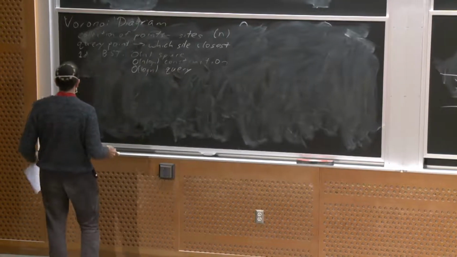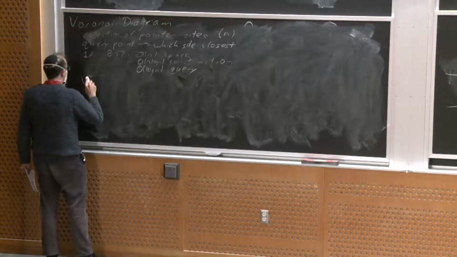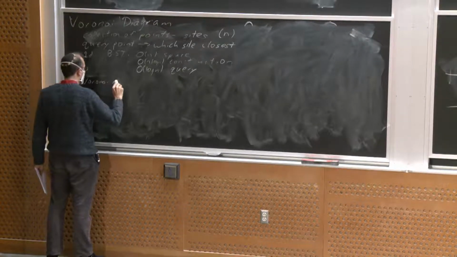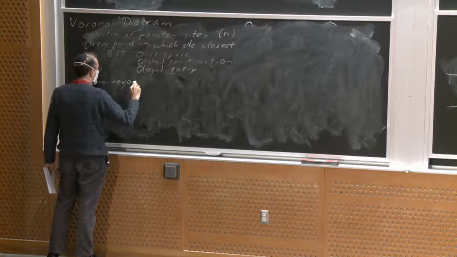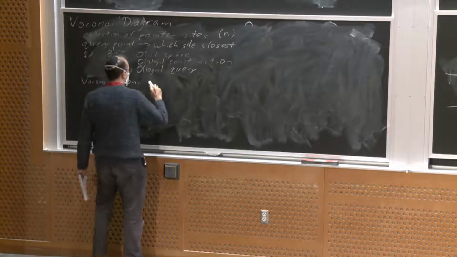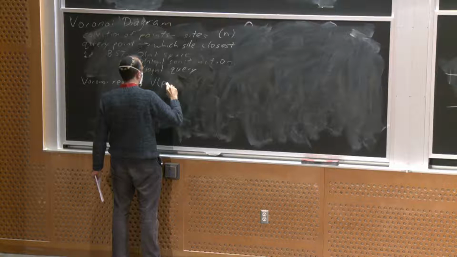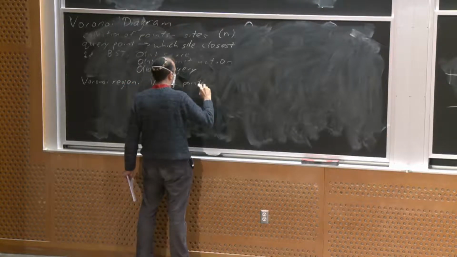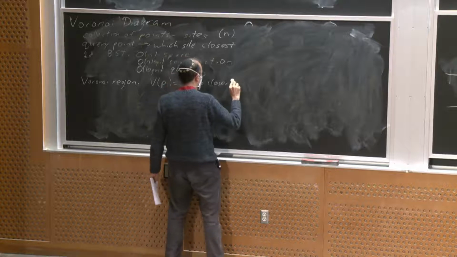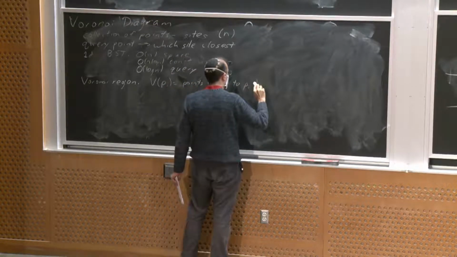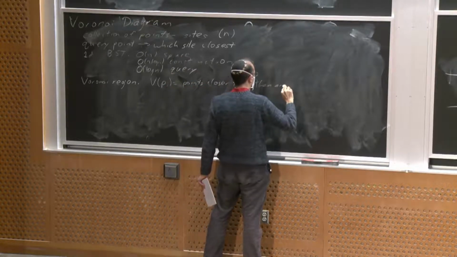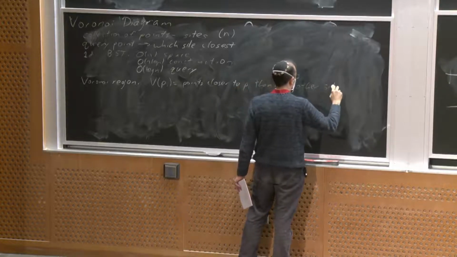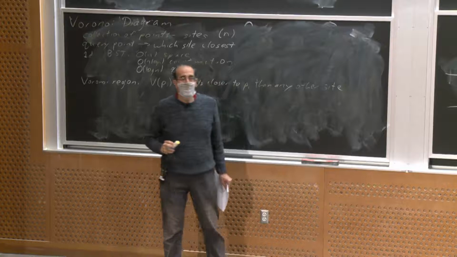Okay? So to start thinking about this in 2D, right, I'm going to talk about Voronoi regions. So in 2D, I'm going to say that V of pi is equal to the set of points that are closer to pi than any other site. Okay?